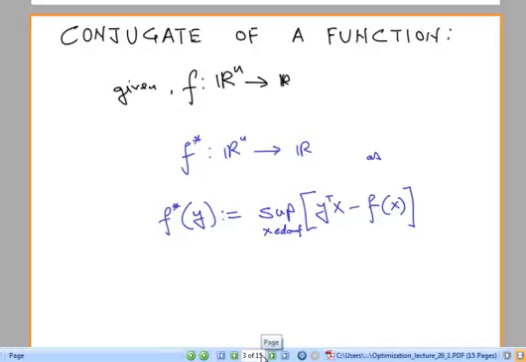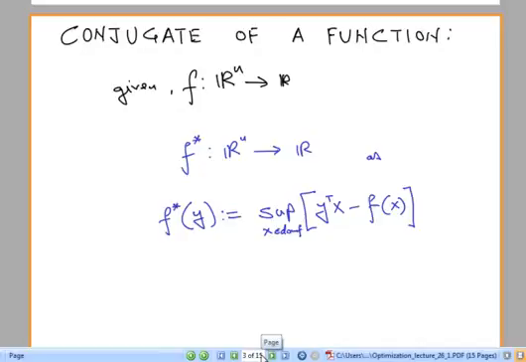Then corresponding to that, we define the conjugate of f, denoted f star, again a function from Rn to R. And we define the new function f star, for any value of y in Rn, as follows: you take the inner product y transpose x.